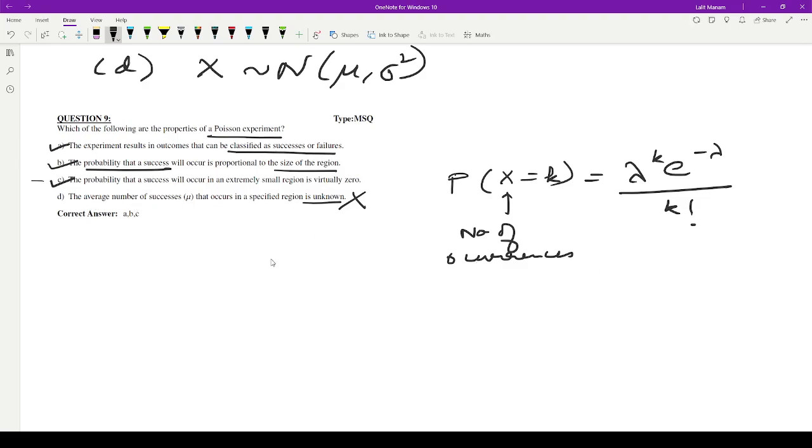So for the average number of occurrences we take the expectation of this random variable x, and if we solve, it gives us lambda itself. That means the average number of successes for a given specified region is fixed, which is given by the parameter lambda of the Poisson distribution.